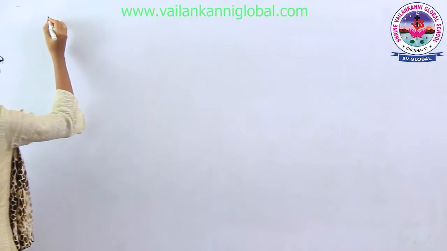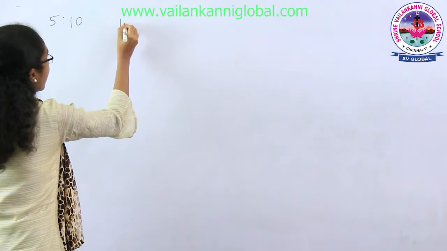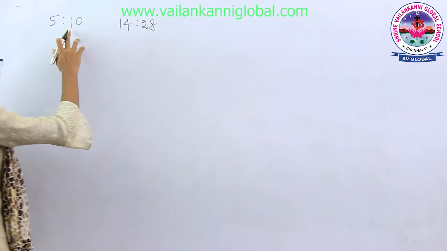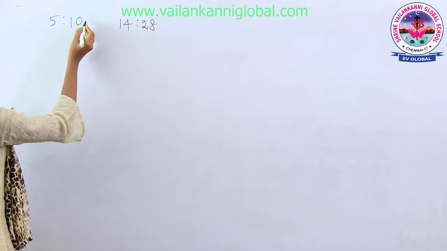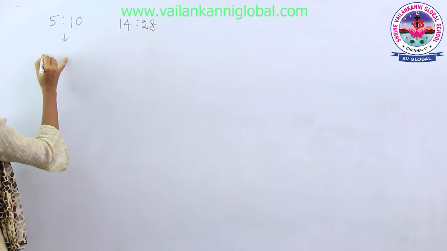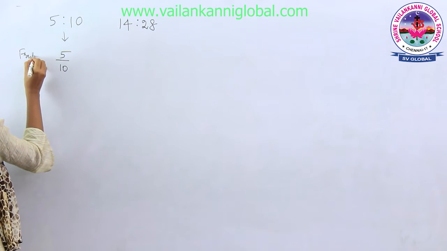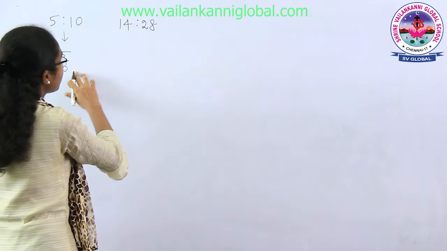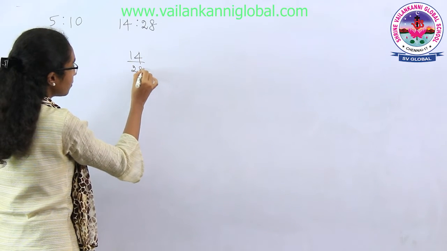So now let's find out whether two ratios given as 5:10 and 14:28 are equivalent. They're asking us to find out whether these two ratios are equivalent or not. So 5:10 is in the ratio form that can be rewritten in the fraction form as 5 divided by 10, and 14:28 is written as 14 divided by 28.